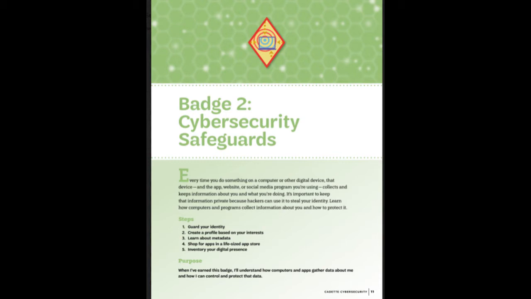Page 12. Step 1. Guard your identity. Your personally identifiable information, PII, includes any information that can be used to identify, contact, or locate you, like your name, birthday, address, social security number, and email address or password.